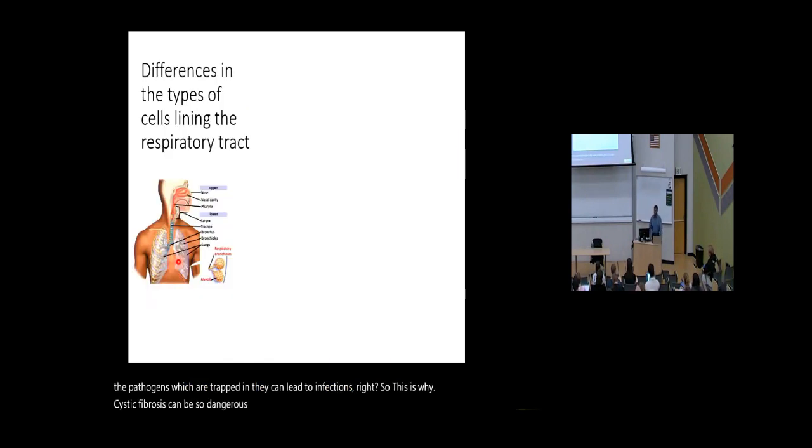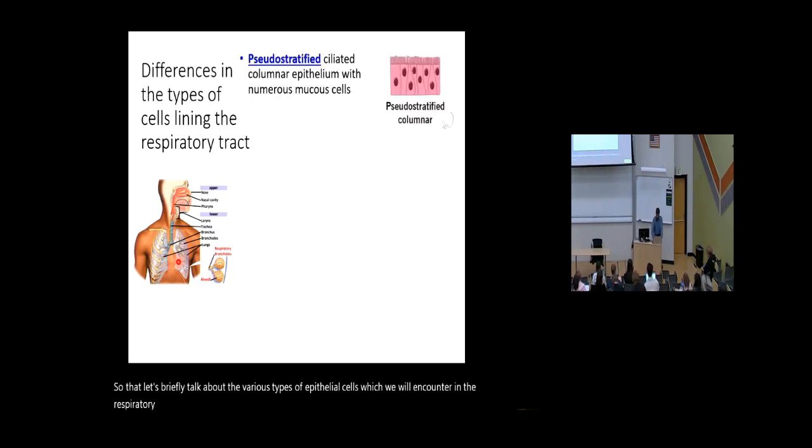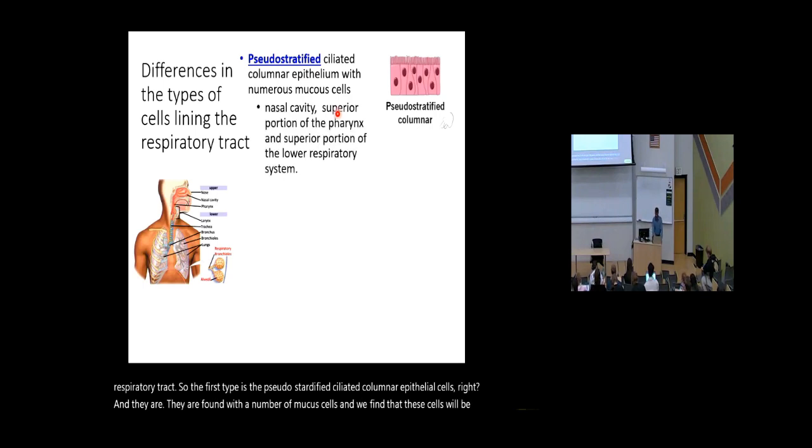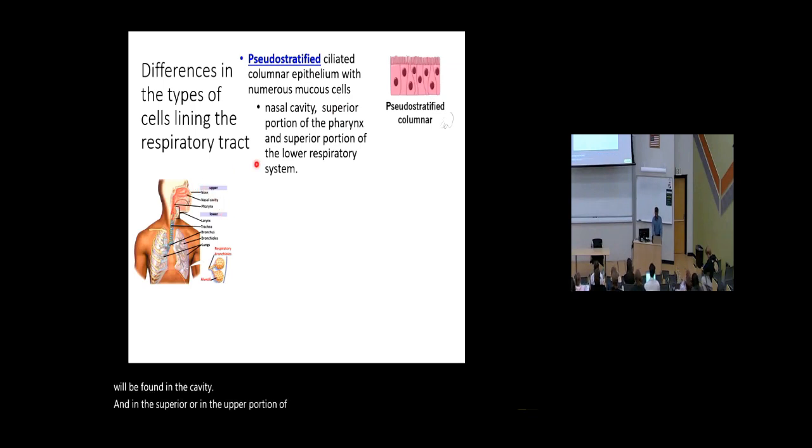So with that, let's briefly talk about the various types of epithelial cells which we will encounter in the respiratory tract. The first type is the pseudostratified ciliated columnar epithelial cells, right? They are found with a number of mucus cells, and these cells will be found in the nasal cavity and in the superior or upper portion of the pharynx.